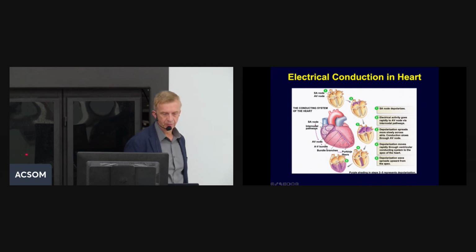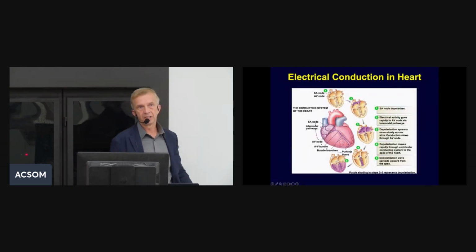When the SA node depolarizes, the initial transfer of the electrical activity starts in the superior and posterior portion of the right atrium, and it's transferred through the atria, through the internodal pathways and Bachmann fibers. And initial depolarization of the septum in the ventricle is important.